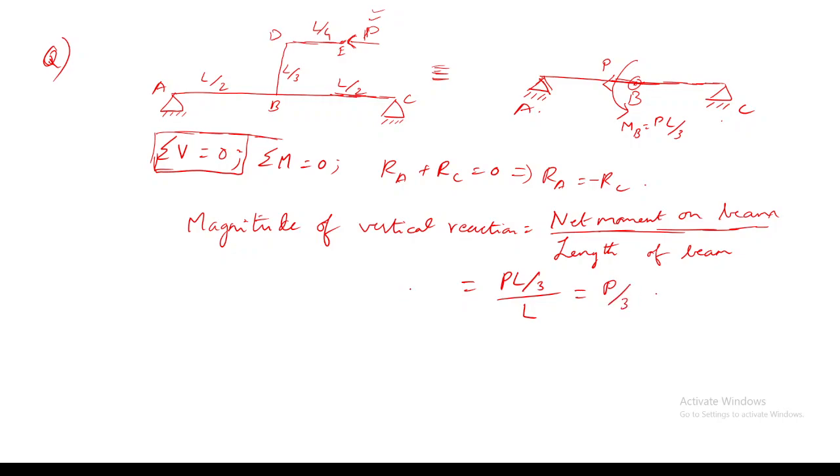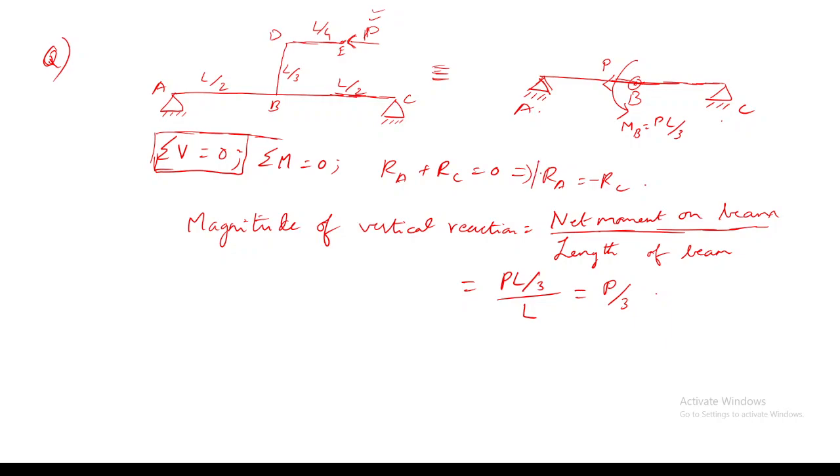And the directions of the vertical reactions should be opposite to the direction of the net moment. We have already said the vertical reactions will be equal and opposite in direction.